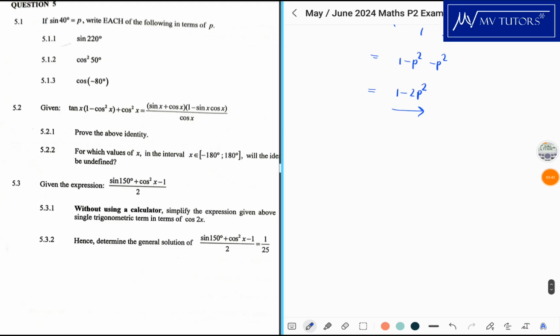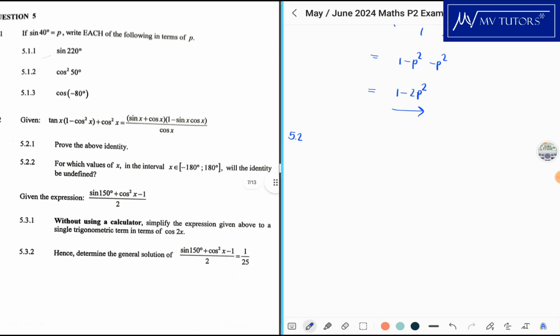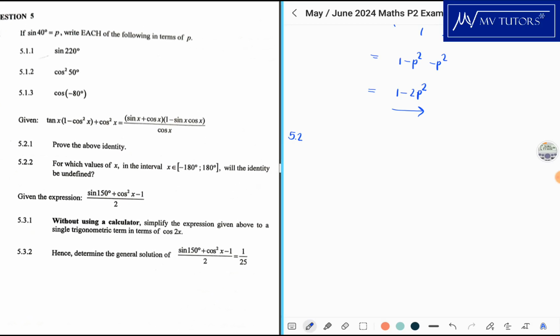Alrighty, now 5.2. Okay, so given we have tan x times 1 minus cos squared x plus cos squared x is equal to that. Now 5.2.1 says prove the identity. Okay, so I normally try to prove that the left hand side is equal to the right hand side.